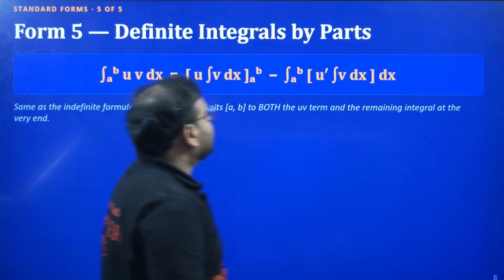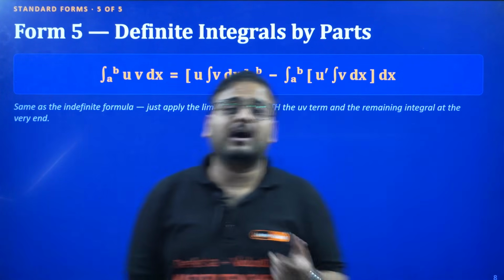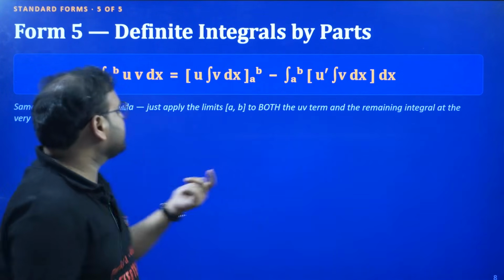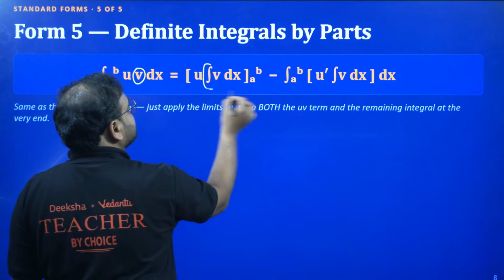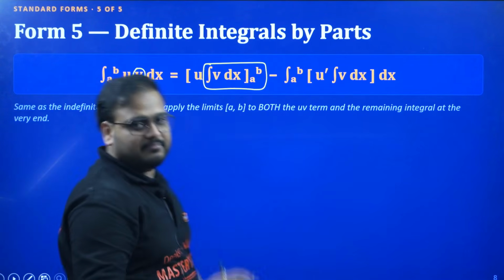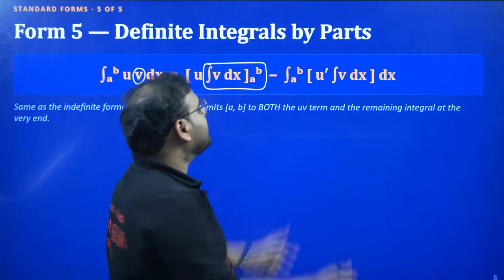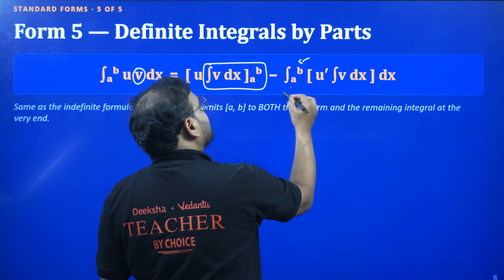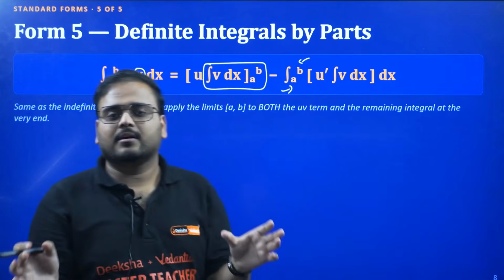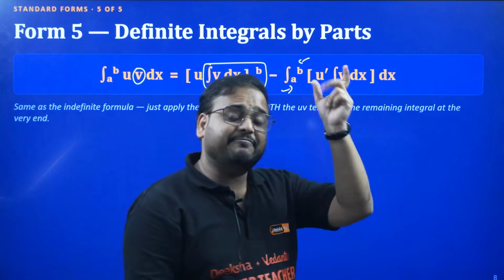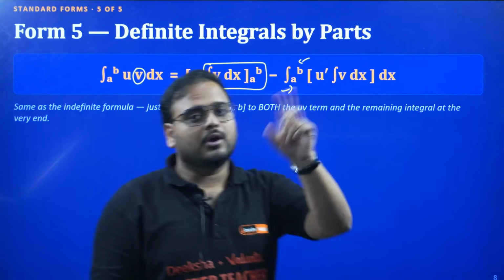Then this is definite integral by parts. What happens if you have limits involved? Very simple. Since you are integrating this value v first, you will apply the limits only for this part, and once you have the second part integration done, the limits remain the same. So you can either go with this formula or simply do the entire integration using by parts, and finally once you have the result, use the limits.